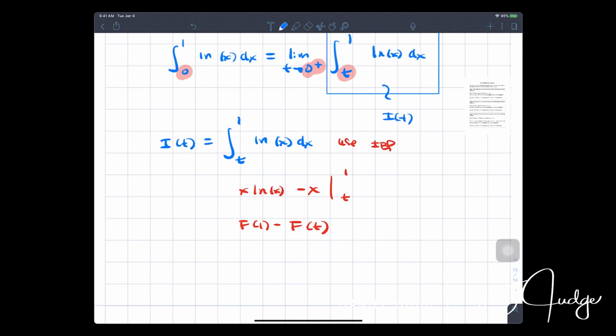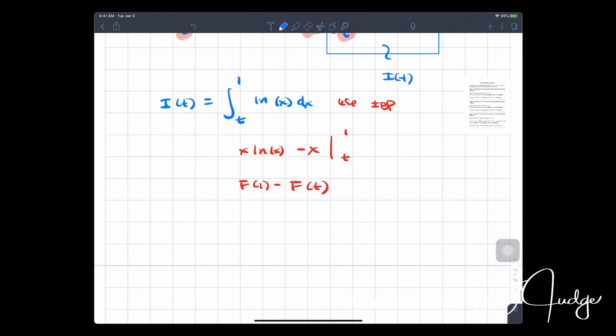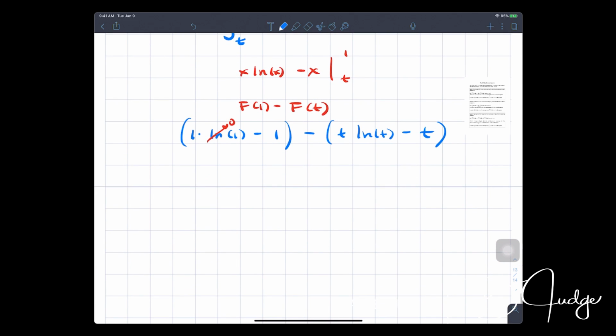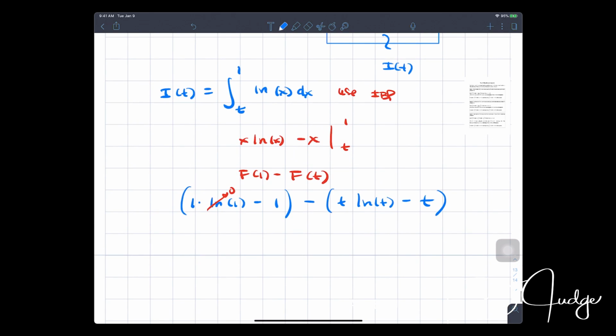So let's plug in our limits here. 1 natural log 1 minus 1, minus t natural log t minus t. So we're going to get here 0. And what this ultimately means, let's double check to see if we did everything okay.